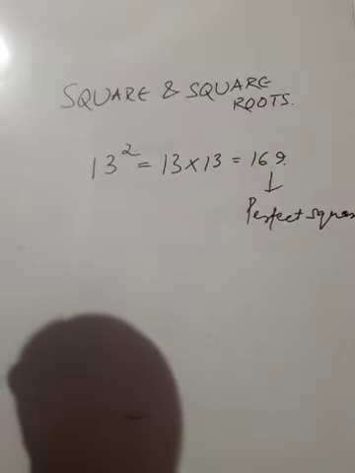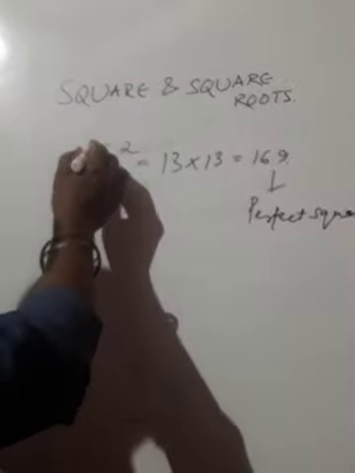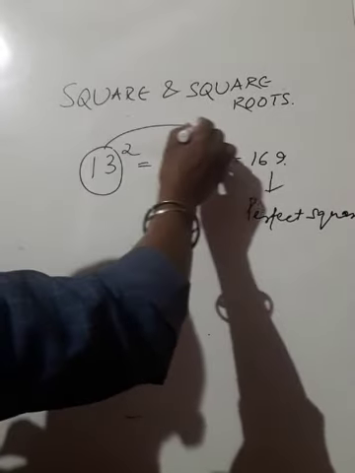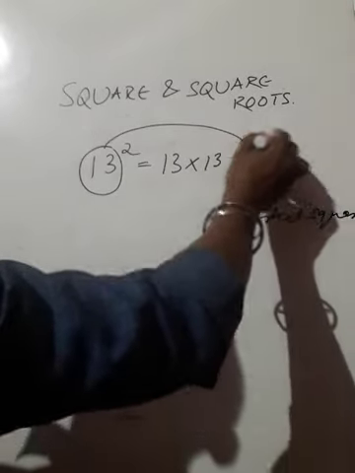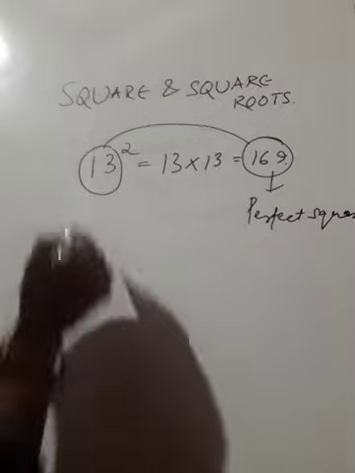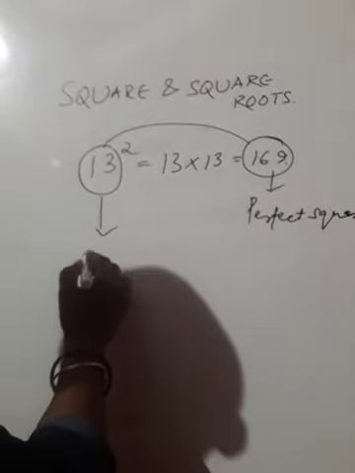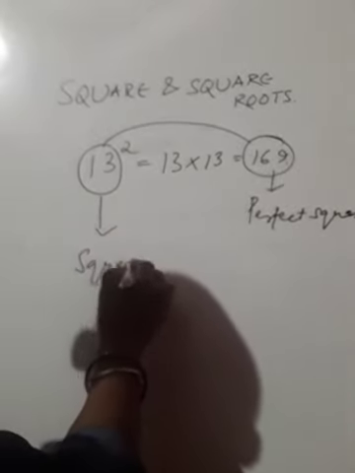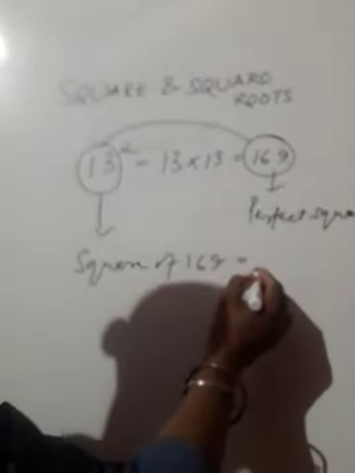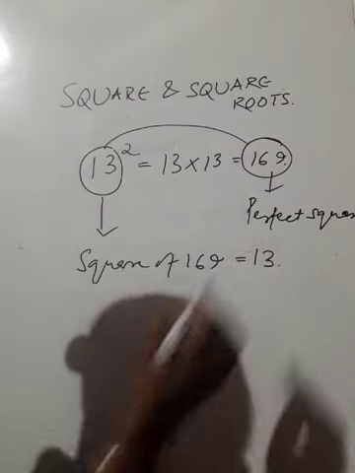Right? This will become the square root of this. Square root of 169 is equal to 13.